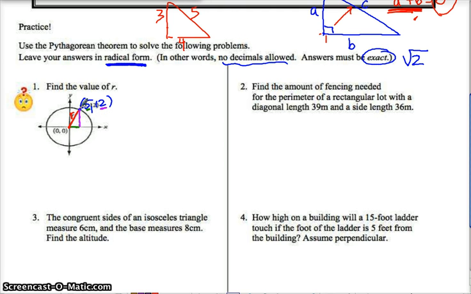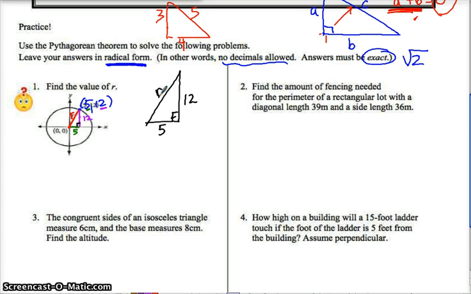And when you go right 5 and up 12, what do we create right here? Well, hopefully you're saying to yourself, we created a right triangle. And that right triangle now has a side length of 5, a side length of 12, and we're trying to find r. Well, what is r in this right triangle? It is a hypotenuse.